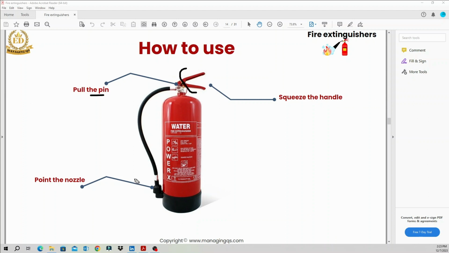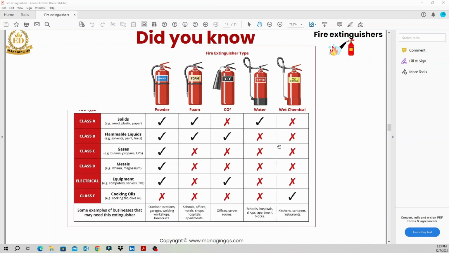Pull the pin. Then the high pressure water comes through this pipe and discharges from the nozzle. This is the simple procedure for using the fire extinguisher. This is the second point. Normally you should know this very properly. You can see 5 types of different fire extinguishers.